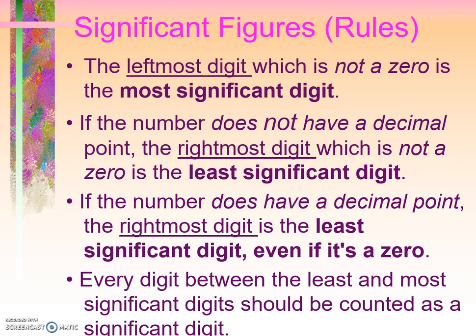On the other hand, if your number does include a decimal point, then your rightmost digit is the least significant digit even if it's a 0. So you go all the way to the right, and even if it's a 0 at the end, that becomes your least significant digit. And then every digit in between, so you count the least and the most significant digits, as well as everything in between, and that's the number of significant figures that is in your number.